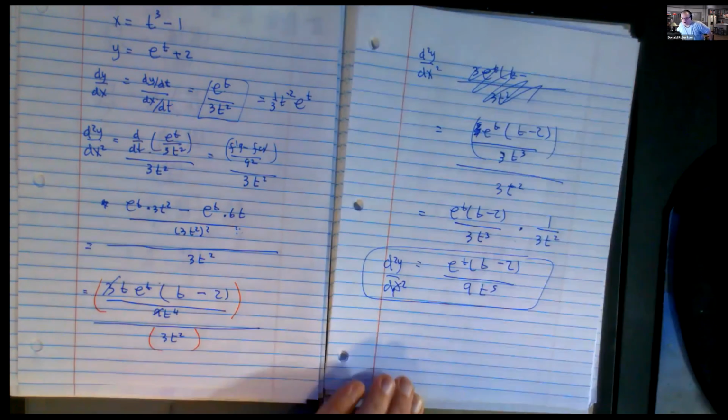Second derivatives are never pretty. Well, you should never say never in math, but pretty much never are pretty. Right? Are we comfortable with that process?